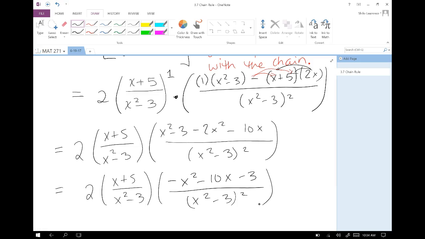None of this is actually making the derivative any different. We technically had the derivative right here. We're just trying to clean it up a little bit.